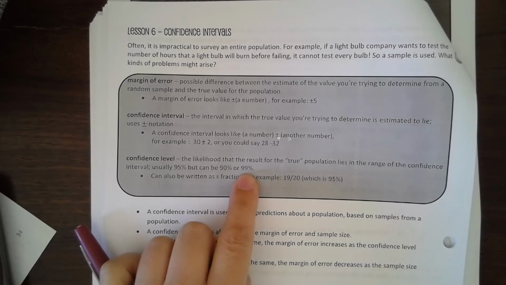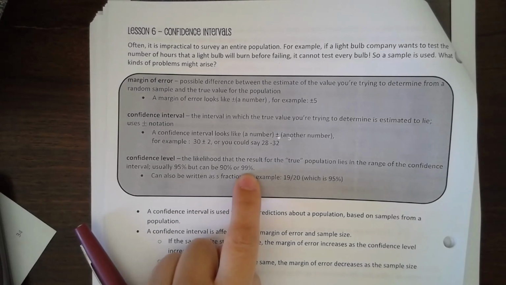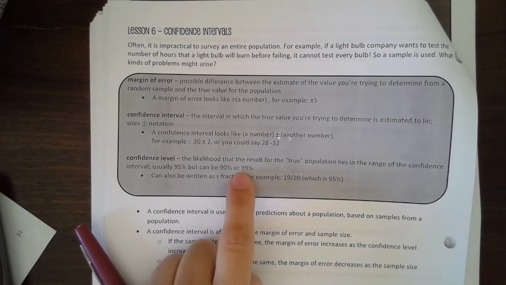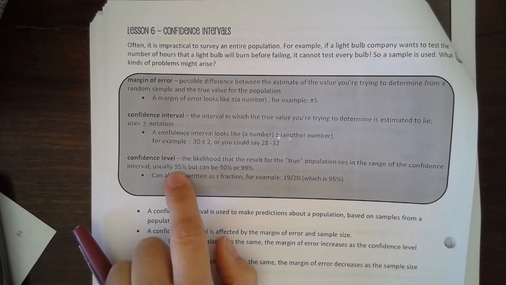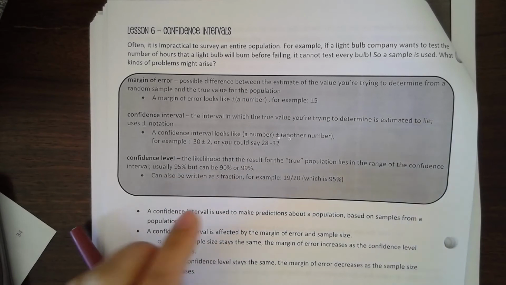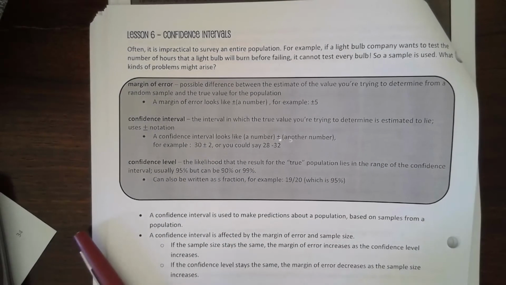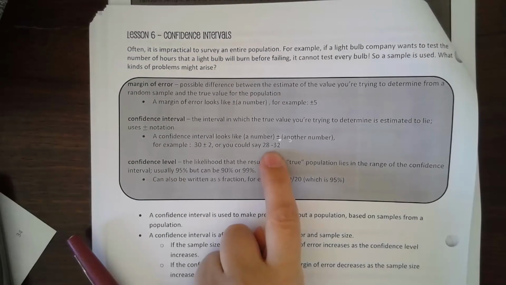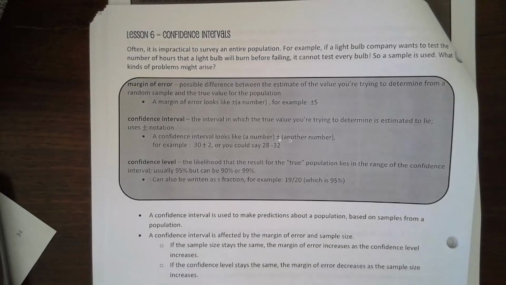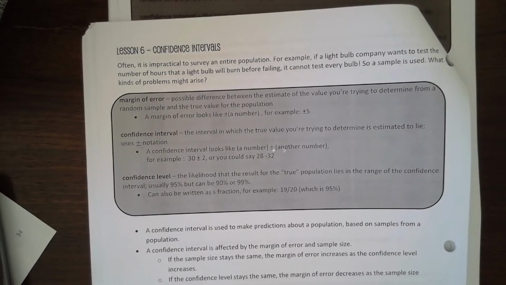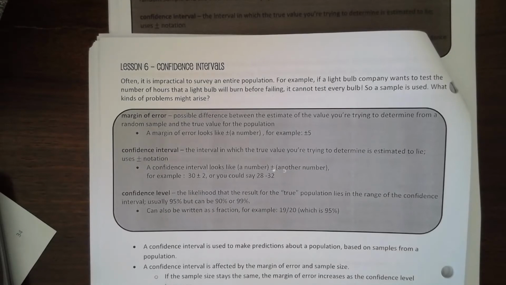That would mean you probably had a really, really big sample to look at. It's rare, but usually we aim for 95%. So we want to be able to say we're 95% confident that our data falls in this range, right? Because data can be a little bit tricky. The real world can be a little bit tricky. So these things speak to that.